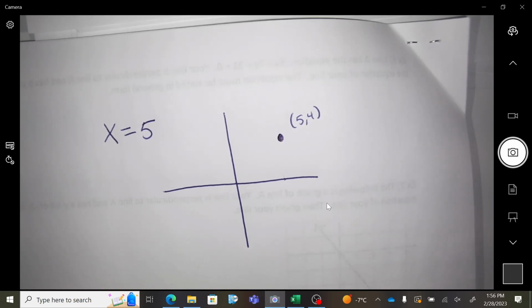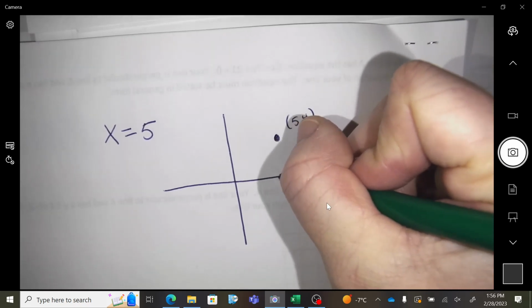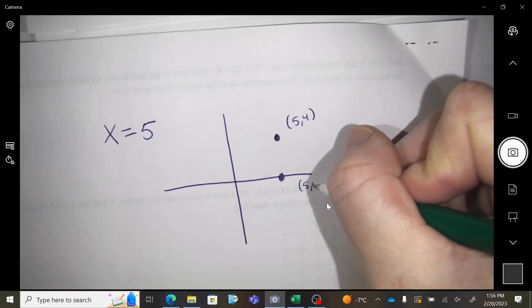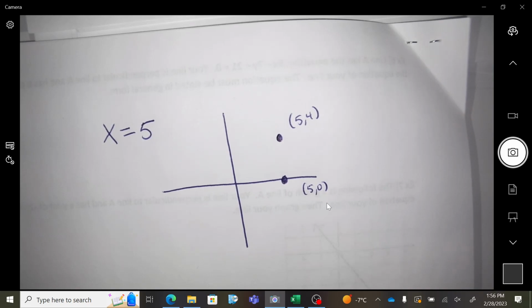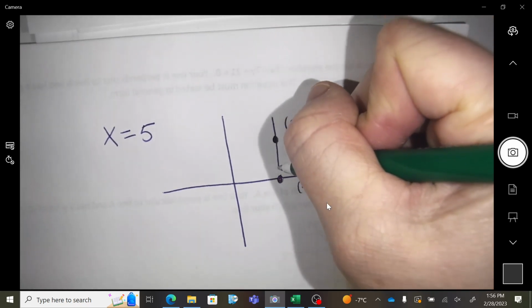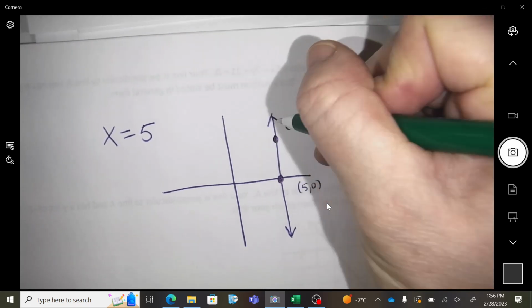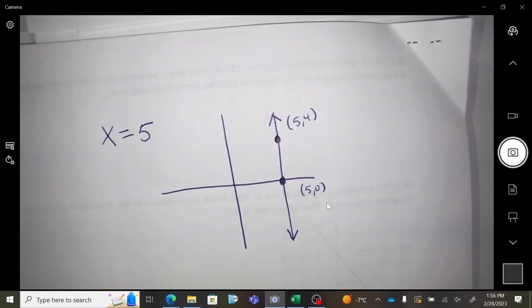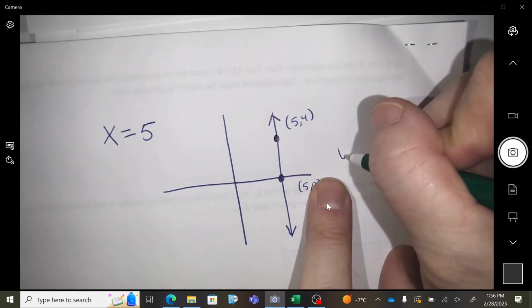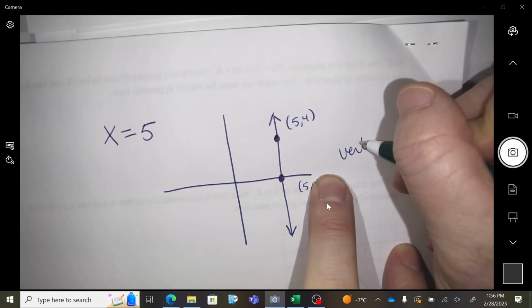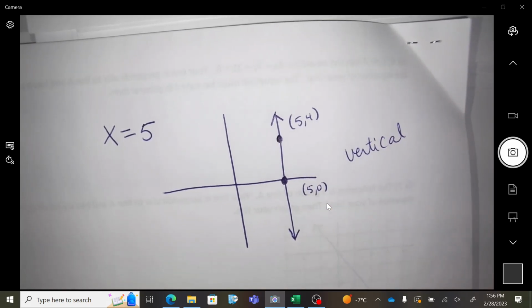Draw me a second coordinate that has an x value of 5. How do these connect? Look at that. It's going to be a line that goes vertical. Straight up and down. So that was a special line.